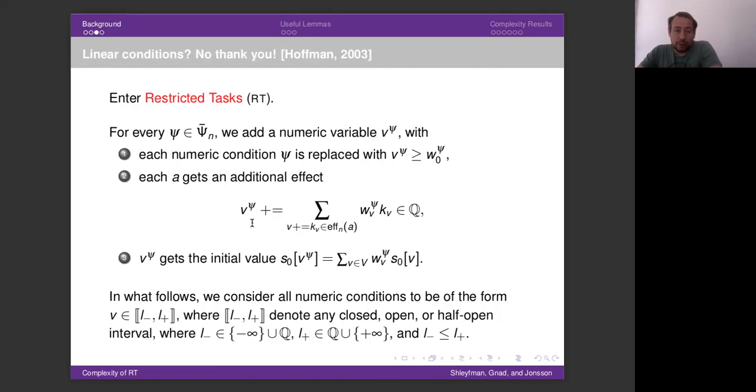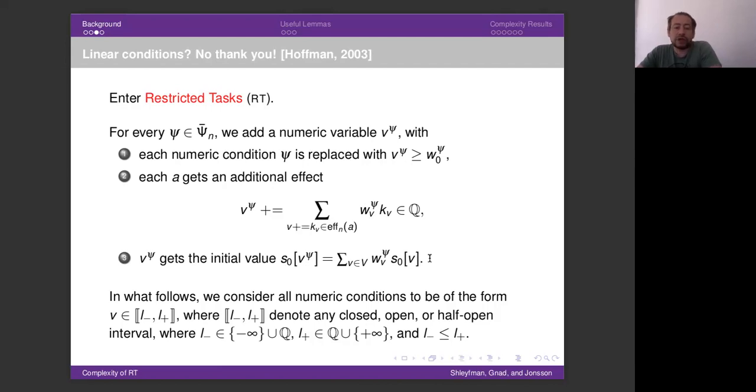When the action adds or reduces some constants to the original variables, we also update the auxiliary variable according to its formula. Note that its formula, if you add the constants, is still a constant, so we are still in simple planning. The initialization is done by just assigning the value of the formula in the initial state, and what we get is the result.